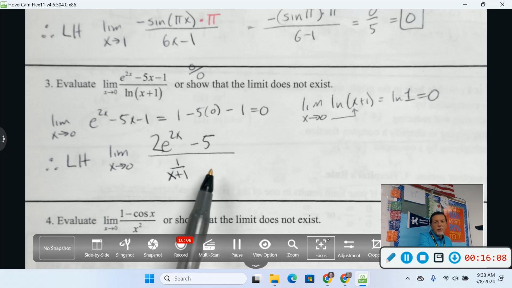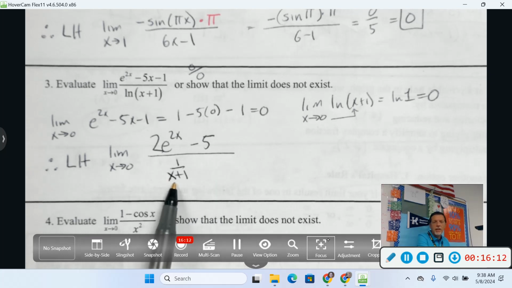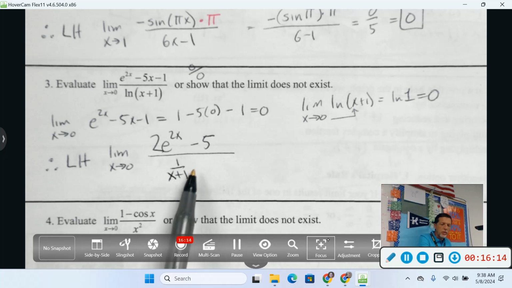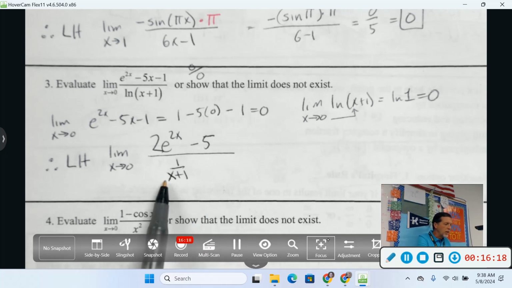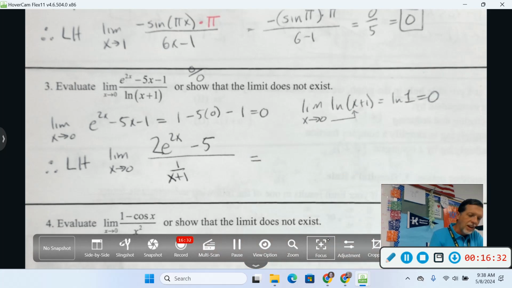Chain rule, we have to consider it, but it doesn't add anything here because we would be multiplying by 1. So the derivative of x plus 1 is 1. Okay, well now let's plug in 0. It is a fraction within a fraction, so you might want to fix that first, but I think we should plug in first and see if it doesn't just take care of itself.